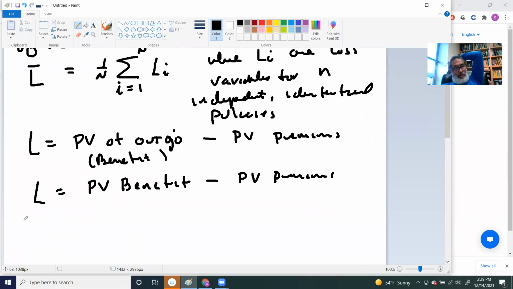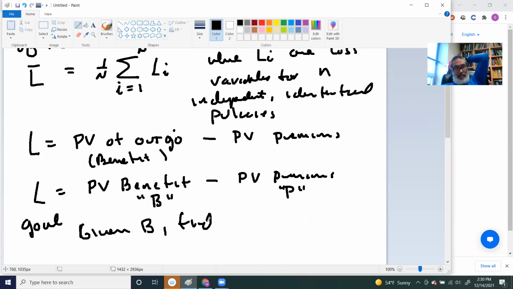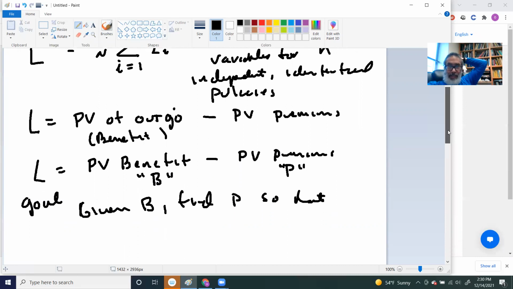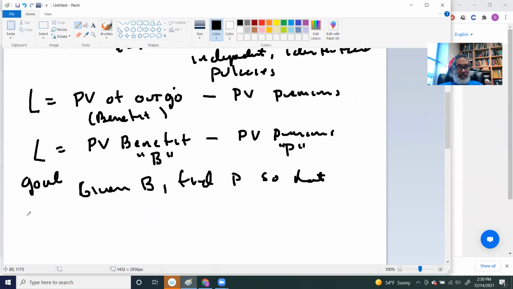And our goal is to, and this will indicate the benefit for each policy, and P will indicate the premium for each policy, find, given the benefit B, P so that the probability of the average of this portfolio, the probability of this average of these loss variables being negative is sufficiently high.